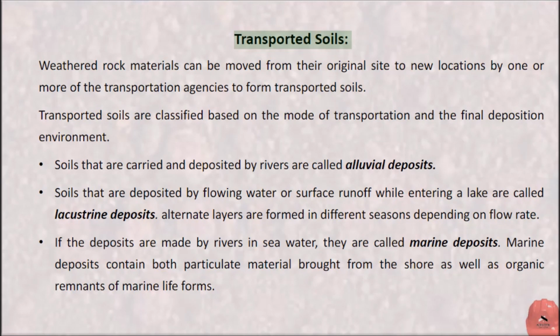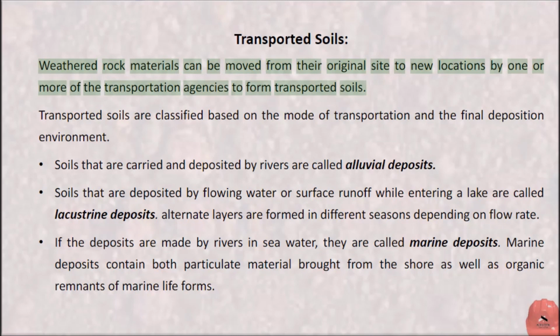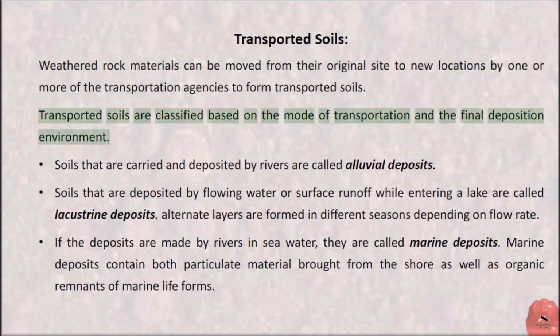Transported soils. Weathered rock materials can be moved from their original site to new locations by one or more of the transportation agencies to form transported soils. Transported soils are classified based on the mode of transportation and the final deposition environment.